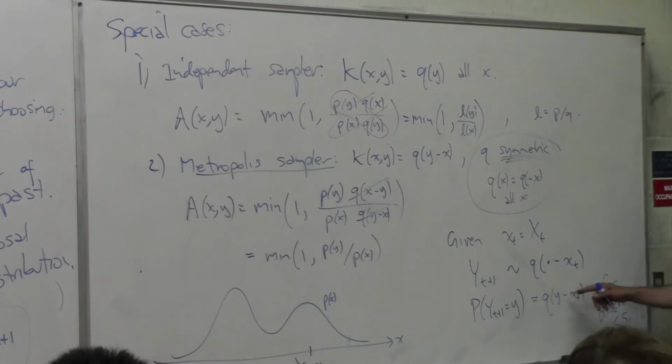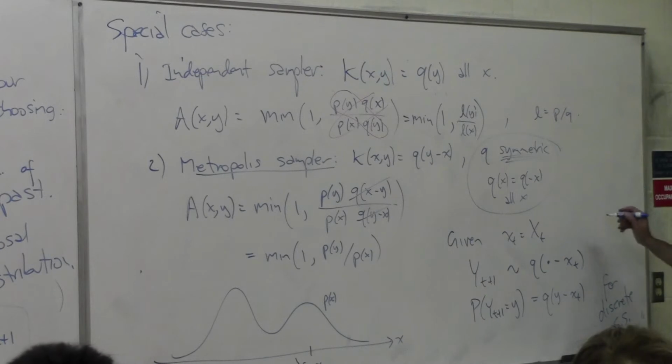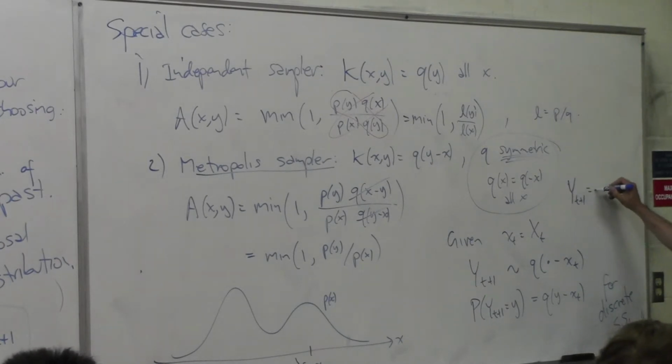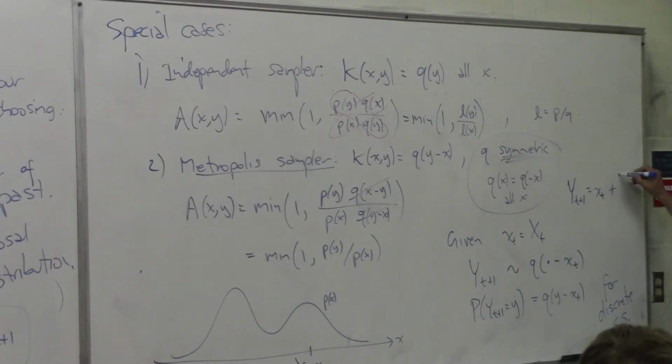See, I've shifted the mean to be xt instead of 0, because it's symmetric, the mean is 0. So what's happening really is that yt plus 1 is equal to little xt, which is big xt, plus, say, wt plus 1, where w is an IID sequence with distribution q.